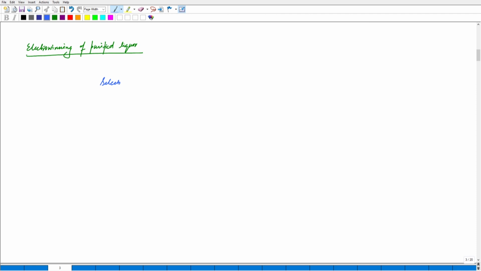So when we think of electrowinning, we need to have the selection of electrodes. We have anodes and cathodes. Anodes we could have lead, and cathodes we can have aluminum.